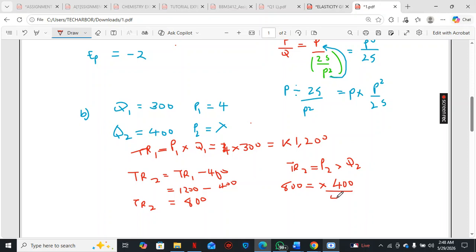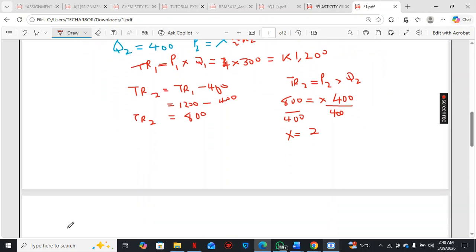To get the value of X, divide both sides by 400. And X, which is our P2, equals 2 kwacha. So our new price is 2 kwacha. So first get the original total revenue. Once you get that, subtract the decrease, which is this 400 decrease, to get your new total revenue. Once you get your new total revenue, you can get the new price of the good.